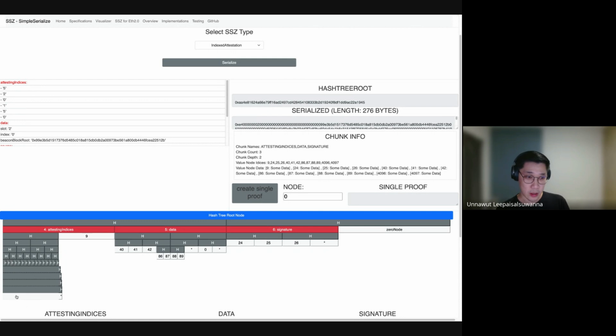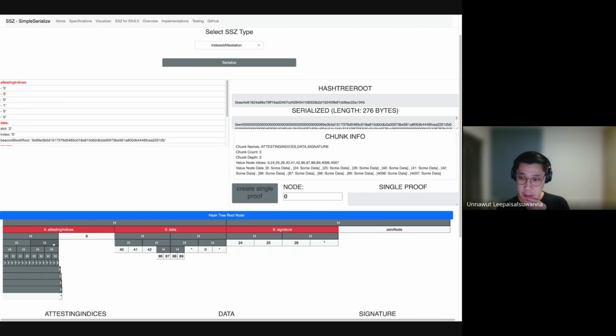And then in order to actually serialize it under SSZ, you have to Merkleize it by pair. And then once you get the Merkle root of each pair, you can keep Merkleizing back until you have only a single hash back on top of here.